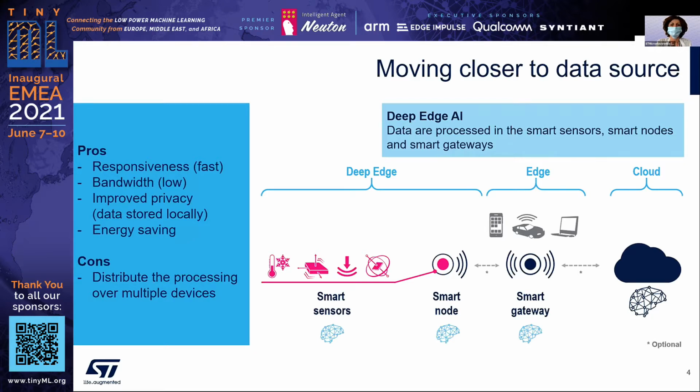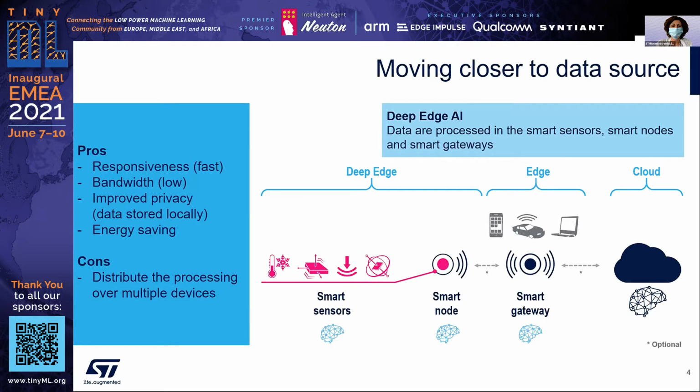In our company, when we talk about deep edge AI, we think about smart nodes, and in particular nodes where AI can be computed in the microcontroller as well as in the smart sensors. The key benefit of such an approach in deep edge AI is energy saving. The power consumption of such a solution is the best in the market.